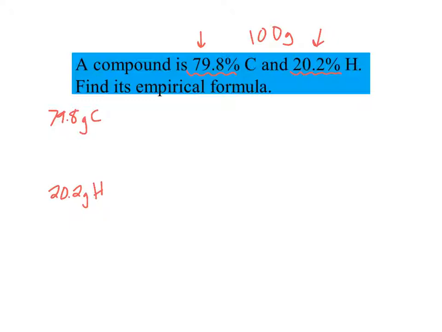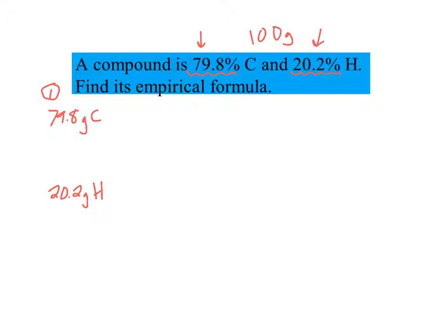And that's okay to do. We can set that as the basis because we don't have any other numbers to go off of. So that is step 1 of our poem, percent to mass. That's what we just did. So number 1, we went percent to mass, and in the poem it goes percent to mass, mass to moles.